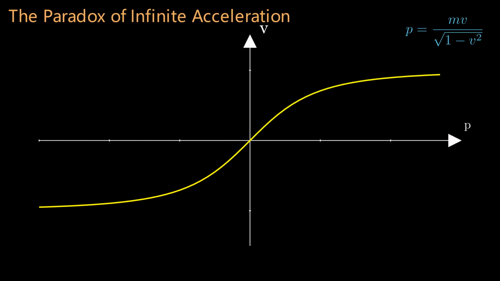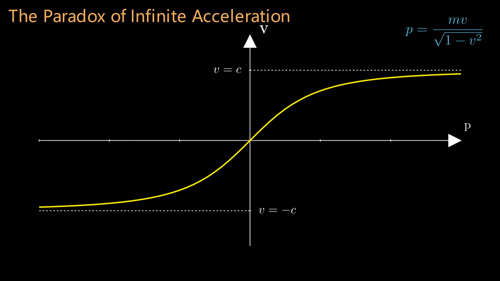For a particle with mass m moving at velocity v, let's outline its relativistic momentum formula. Display the relationship between velocity and momentum in a coordinate system. As the particle's momentum approaches infinity, its velocity approaches the speed of light.